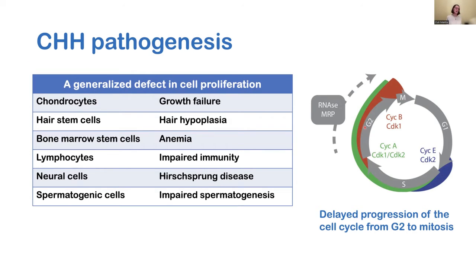And it's already been speculated many years back that there could be a generalized defect in cell proliferation, and this could then explain many of these clinical features, depending on which cell lineage is affected, leading to these manifestations like growth failure, hair hypoplasia, anemia, impaired immunity, Hirschsprung disease, and we've also shown that the males have impaired spermatogenesis. So maybe this is functionally the main finding.